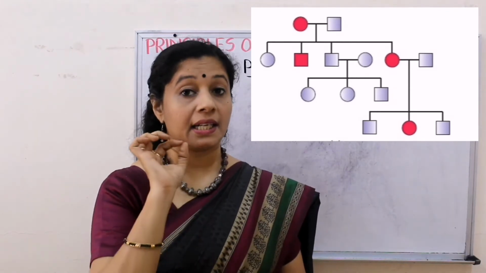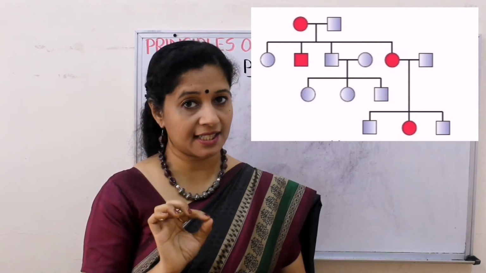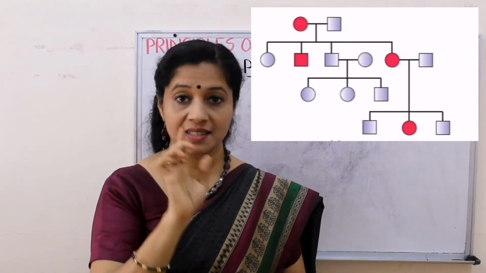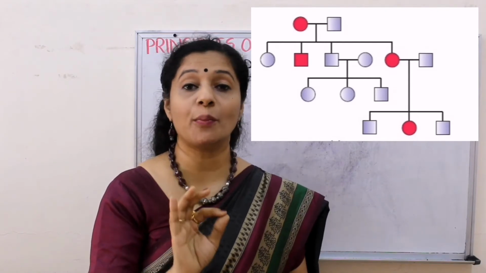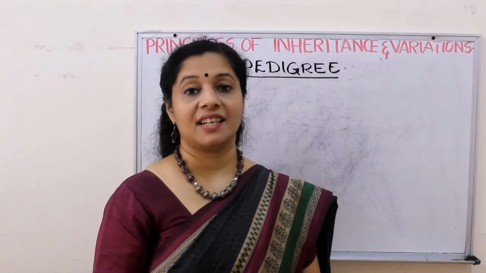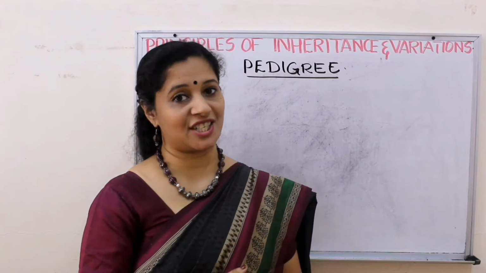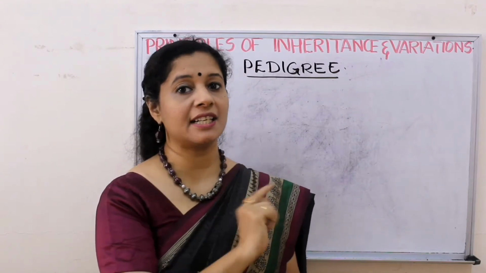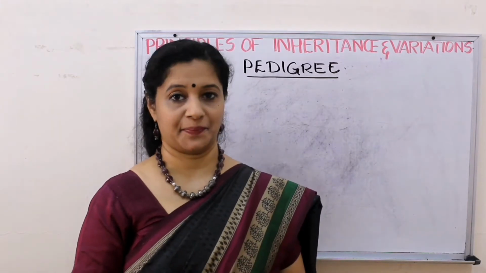So remember this, if every single generation has at least one shaded circle or square, that indicates a dominant trait. Do you know why? The reason is dominant traits rarely skip the generations. So every single generation, at least one individual is affected, you can write it as dominant.